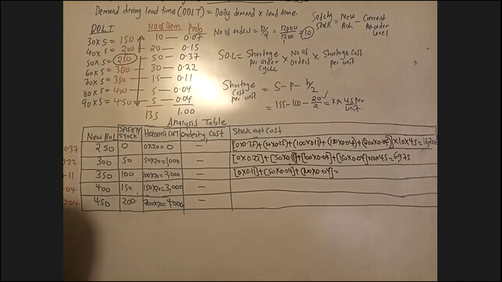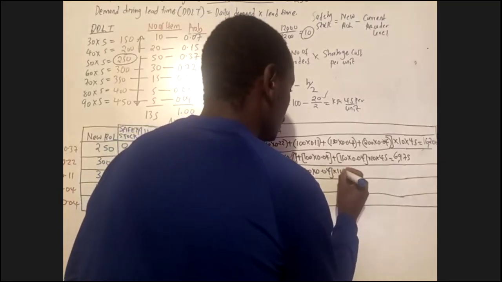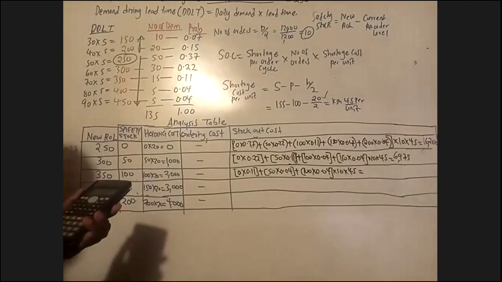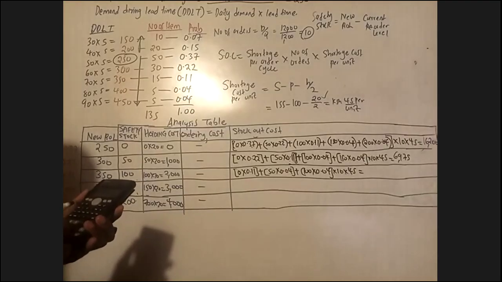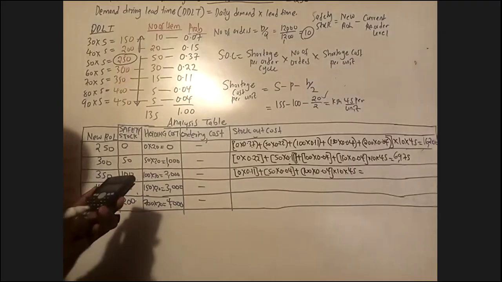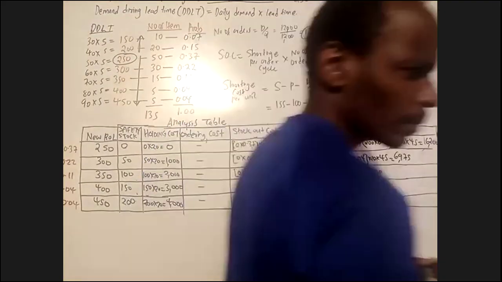Na ukumbuke kutimes na number of orders which is 10 times 45 shortage cost. So itakuwa ni 50 times 0.04 plus 100 times 0.04 times 10 times 45, which is 2700.